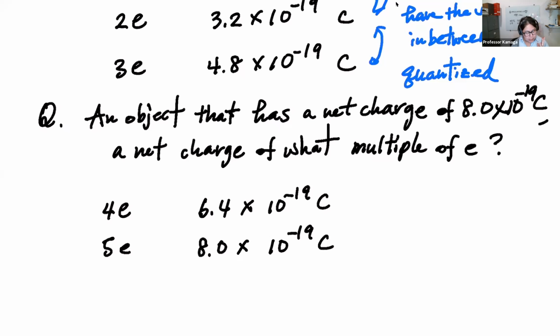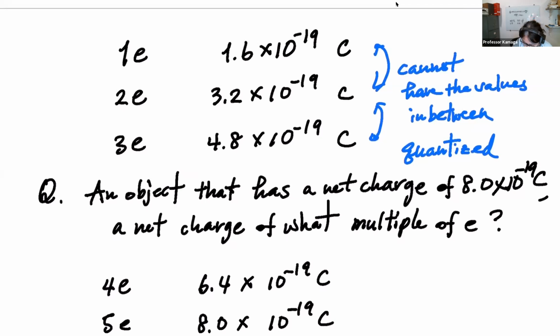Then you notice that one electron is 1.6 times 10 to the minus 19 coulomb. Here, it's minus 19 coulomb, right? That's very, very small.